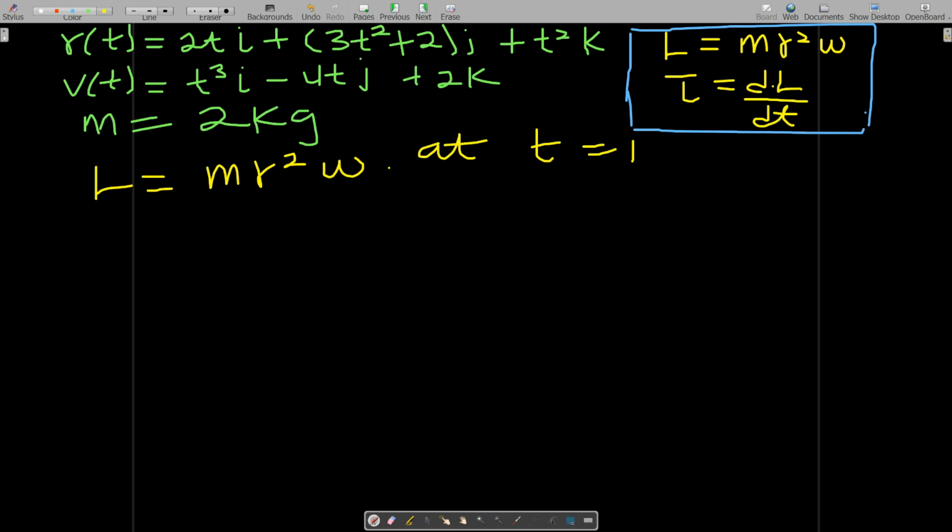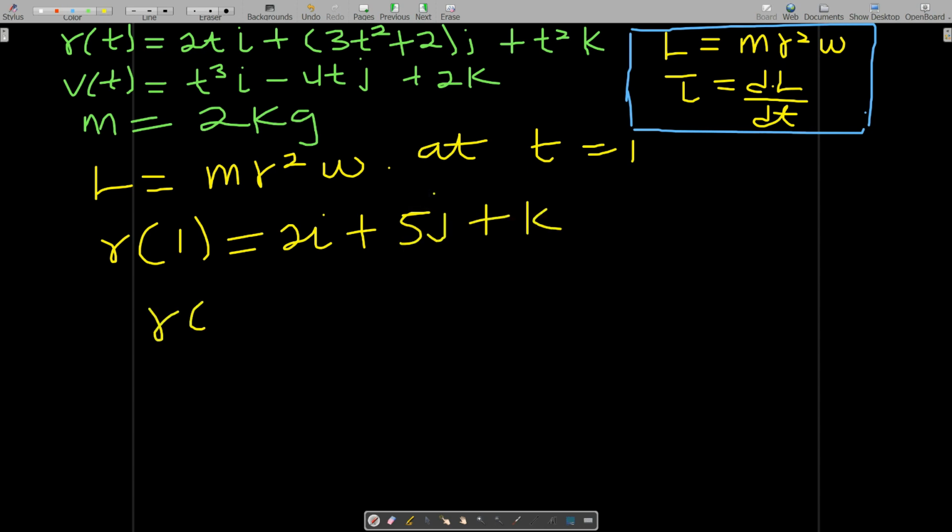So let's evaluate r at 1. r of 1 second is equal to 2i plus 3 times 1 plus 2, which is 5, j plus k. This means r of 1 squared, because you are doing everything at t equals 1.